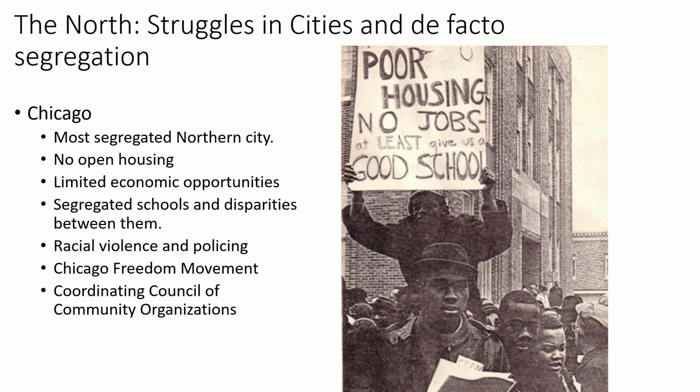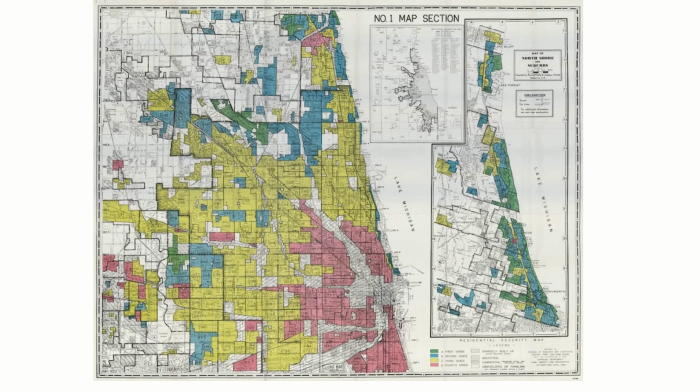It did not have open housing, limited economic opportunities for minorities, segregated schools, racial violence. And so the attempt to end all this, the Chicago Freedom Movement, which was actually led by Martin Luther King Jr., worked along with the Coordinating Council of Community Organizations to try to integrate parts of Chicago. This is going to fail, and the city is going to remain very segregated up into the modern day.